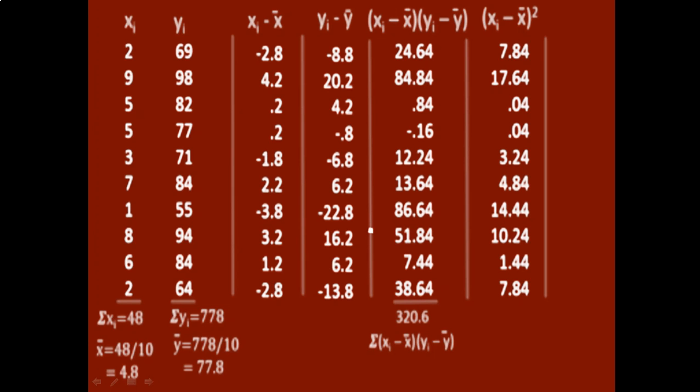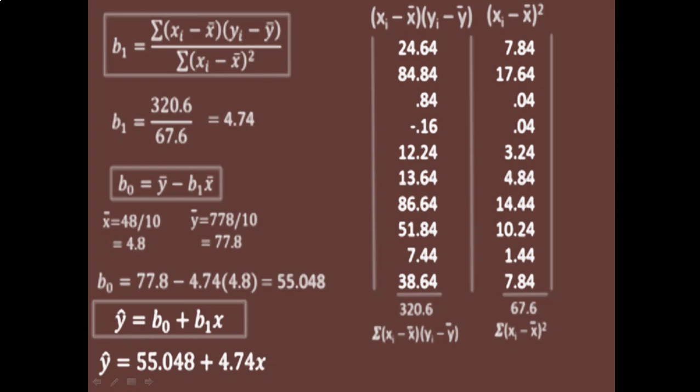And please don't forget to find x bar and y bar. In this slide we find b1 and we find also b naught, and finally we find the regression line equation, which is y hat equal b naught plus b1x.